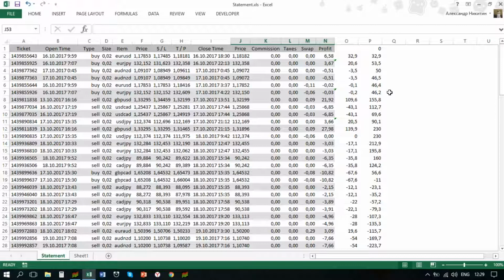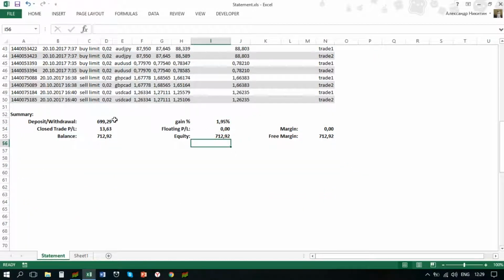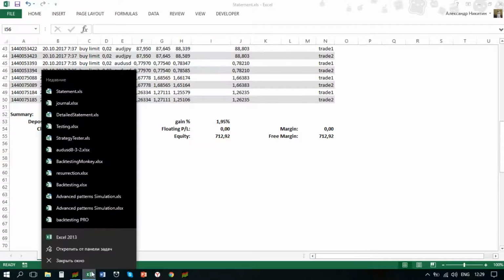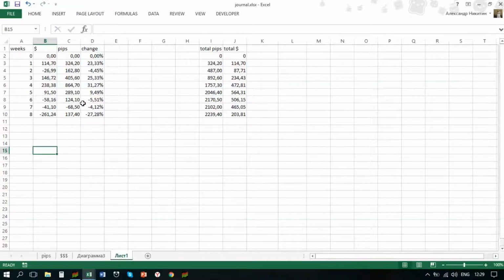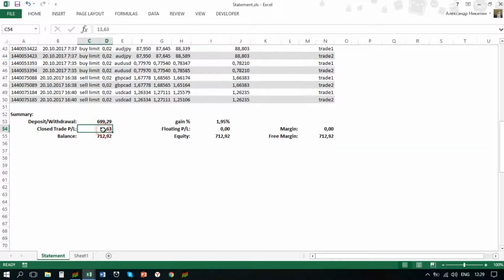Then let's do some calculation for... no, let's not do that. I will do that in my next spreadsheet. Let me open my special journal that I do every week, and let me type week number 9. Okay, the amount of dollars generated this week is $13.